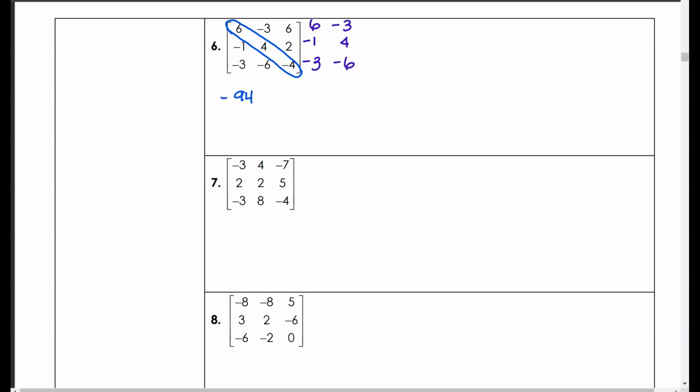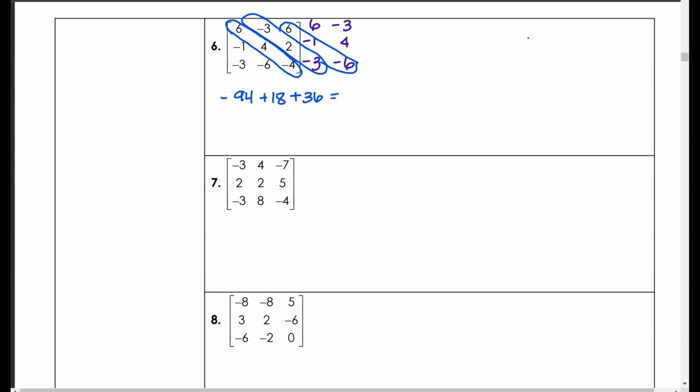Then we're going to do the next value, which is negative 3 times 2 times negative 3. This diagonal. And so that's going to give us a positive 18. And then lastly, we have this diagonal, 6 times negative 1 times negative 6. It's going to give us a positive 36.